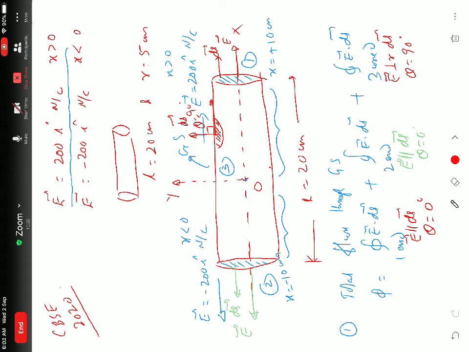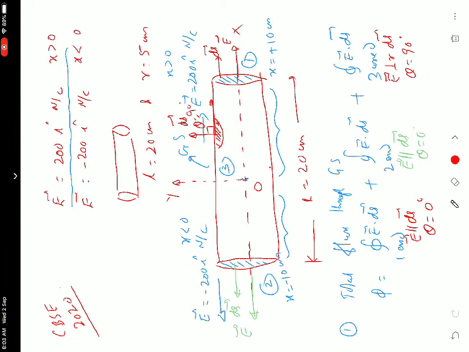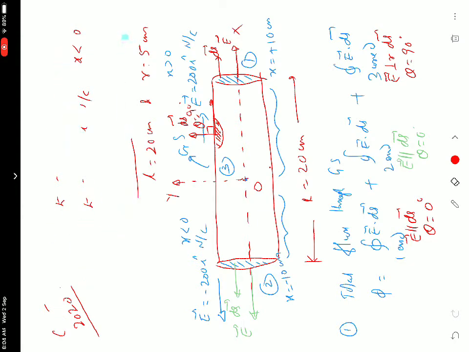Have all of you completed the diagram in the copy? These three parts? Yes, sir. Okay, so I am just removing the top parts here, and there is no flux through the curved surface.